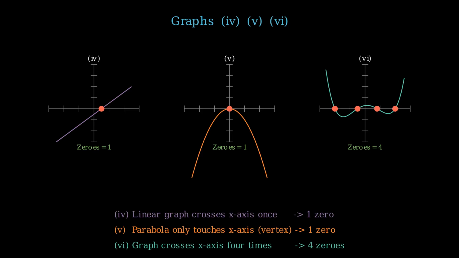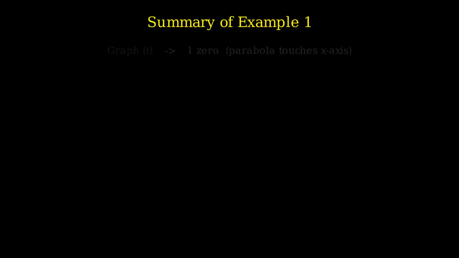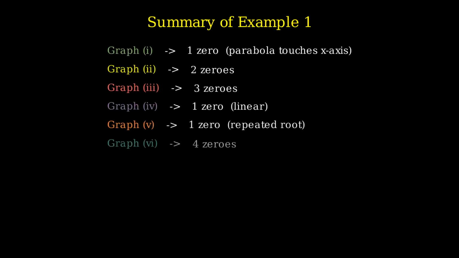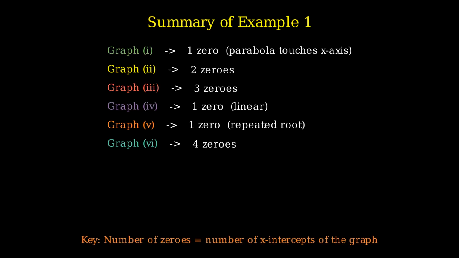Graph 6 shows a higher degree polynomial curve that weaves up and down, crossing the x-axis at 4 separate points. It has 4 zeros. Summary: Graph 1 has 1 zero, Graph 2 has 2 zeros, Graph 3 has 3 zeros. Graph 4 has 1 zero, Graph 5 has 1 zero, and Graph 6 has 4 zeros.